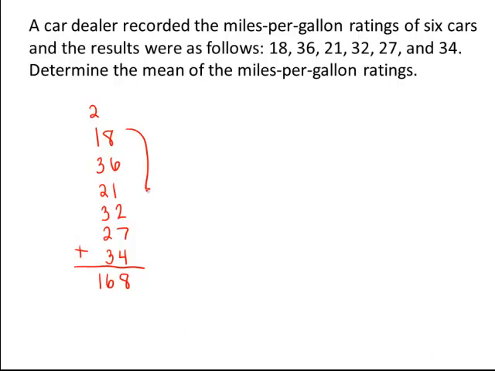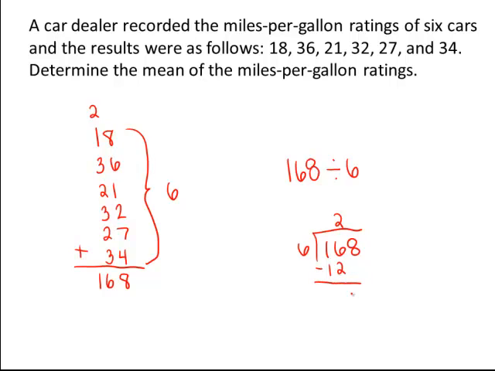Notice that I have a count of 6 items on my list. To find the mean, I calculate 168, the sum, divided by the count, 6. I'll come below to do that division. 6 goes into 16 twice, which is 12. 6 times 2 is 12 with 4 left over.